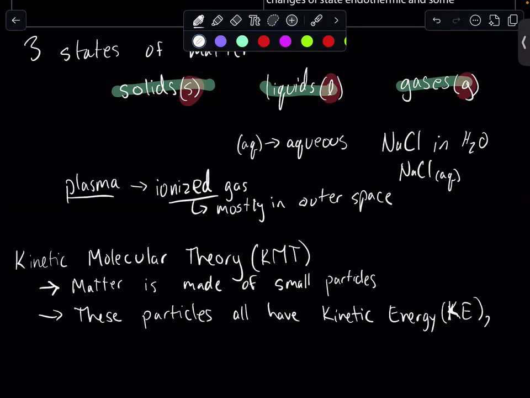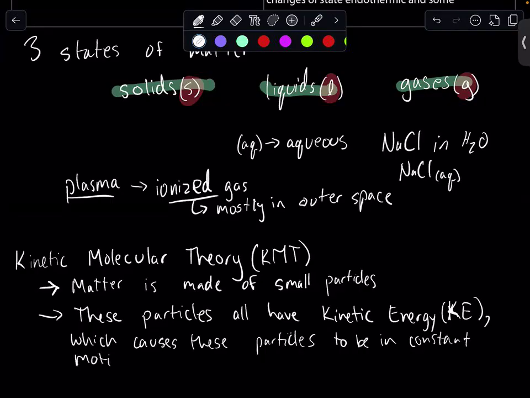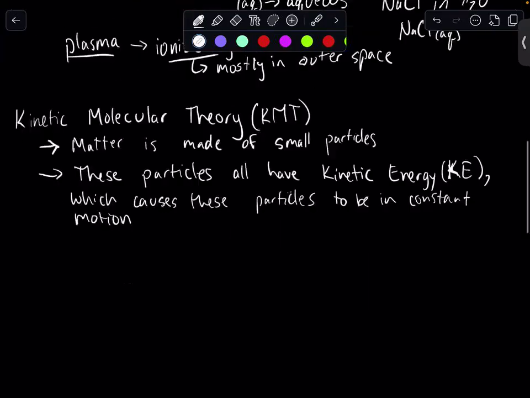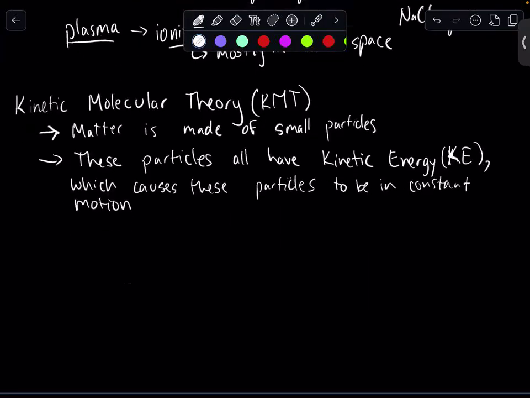They all have kinetic energy, which causes these particles to be in constant motion. So in KMT, our particles are always moving. Solid, liquid, gas, doesn't matter. These particles are always moving.